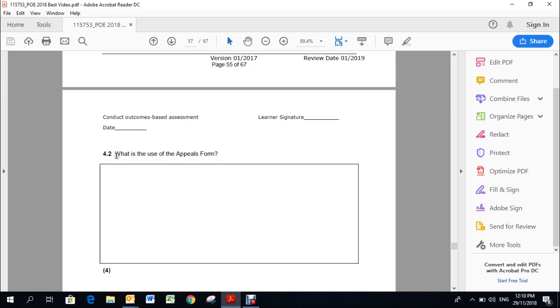So that is the main use. If you've got a grievance or a problem that you feel violated your rights, then you need to complete the appeals form. That's why we did not give an option to complete the appeals form when we were completing the administration part, because we don't know what is going to happen in the process.